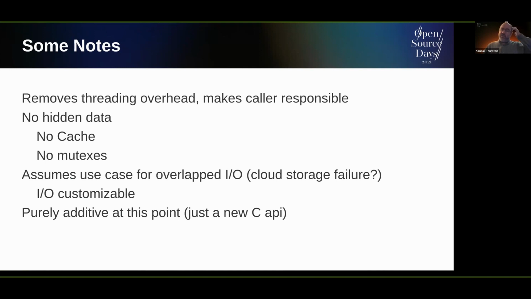But during reading, there's absolutely no mutices. There is an atomic swap of a memory pointer for the chunk offset table so that it can lazily read that chunk, because that can be somewhat larger. So if you're not accessing a part, you don't have to incur the cost of reading the chunk table for it. And so yeah, there's no hidden data, there's no cache, as I mentioned, and no mutices.